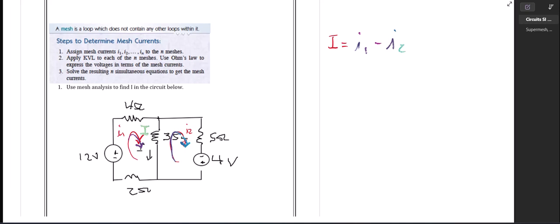Now the way mesh analysis works is it uses KVL. So we add up the voltage drops going around our mesh.